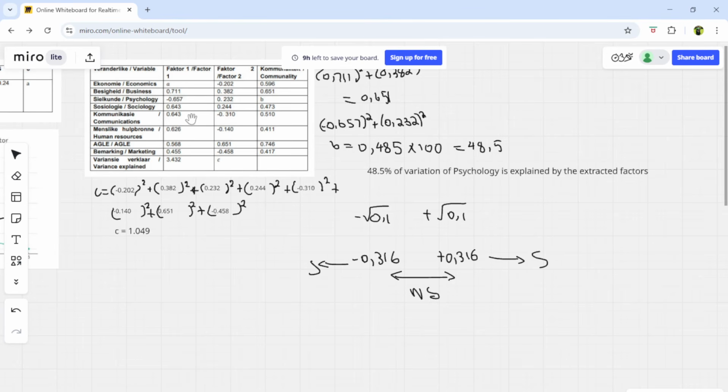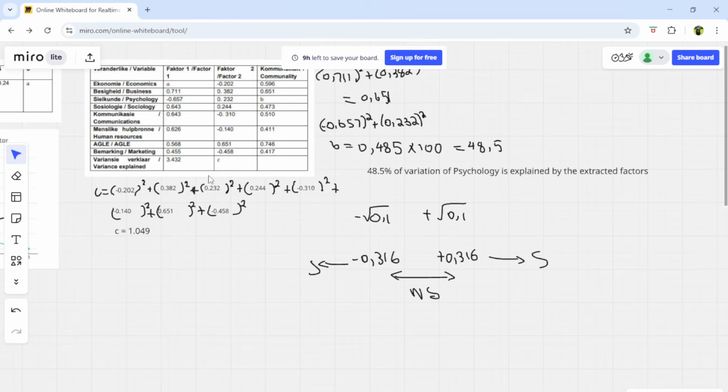Before we continue, I want us to calculate the value of a, because we're going to need it somewhere. The value of a can be calculated in two ways, but always look for the simpler way. Remember, when we calculated the value of c, we put everything in brackets, squared them, and then calculated the value of c.